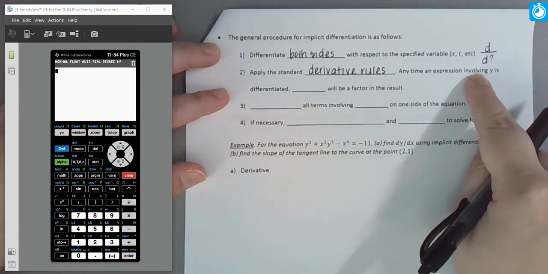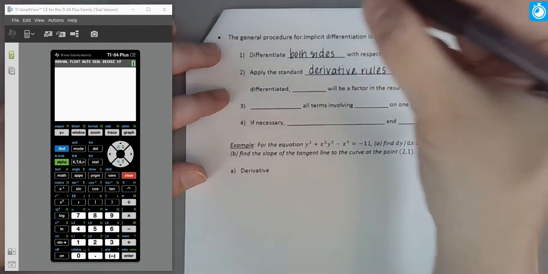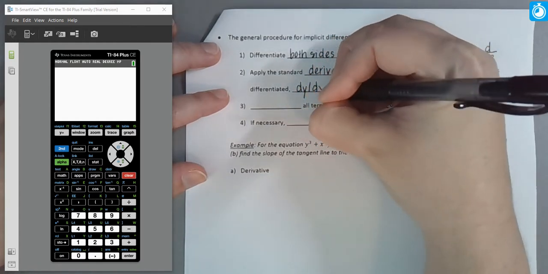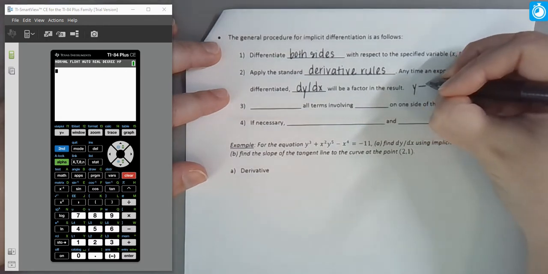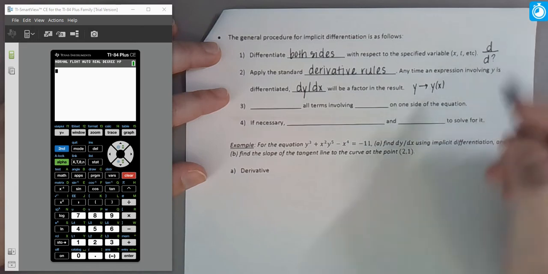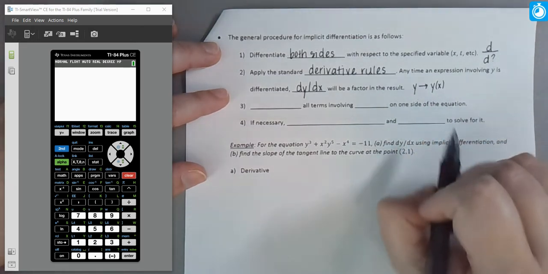Anytime an expression involving y is differentiated, something like that y cubed we saw in that previous example, we also have to multiply by the factor dy/dx in order to indicate that y is really a function of x. And so if we're applying something to y, we're applying something to a function.